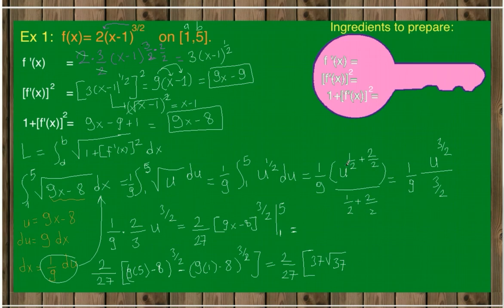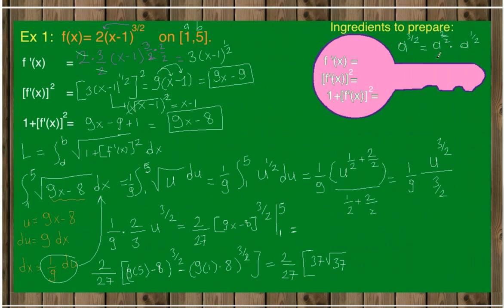You can think of it like this. Any number, let's say a, raised to the 3 over 2, you can rewrite as a times a to the 1/2, because the power 3 over 2 can be written as 2 over 2 plus 1 over 2.